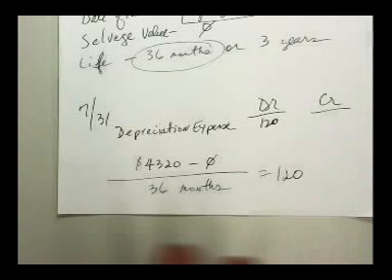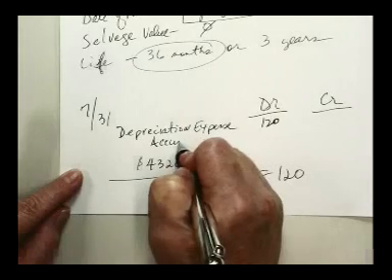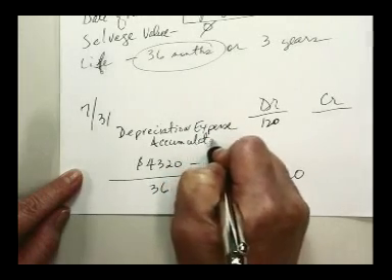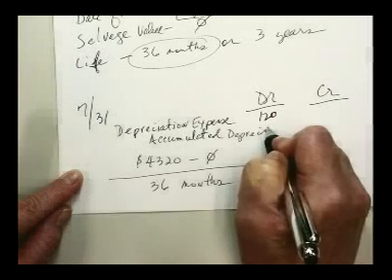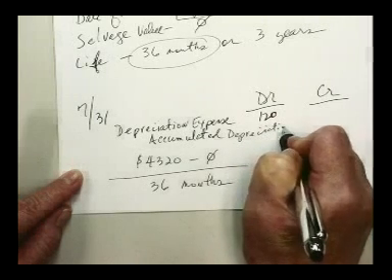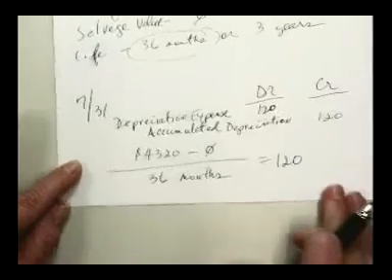That would be the logical thing, wouldn't it? Debit depreciation expense, credit equipment, because we just used up some of it. We want to reduce its value. But for tax purposes and other accounting purposes, what we're going to do is create a contra asset account. Again, all this is in your reading, called accumulated depreciation. And that will be credited for 120.